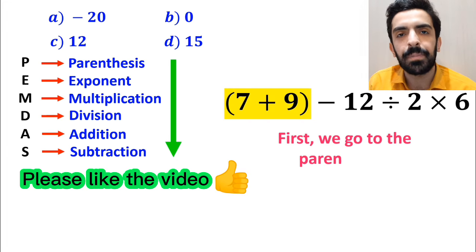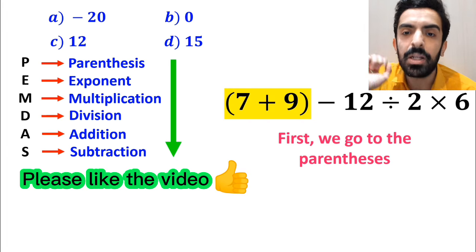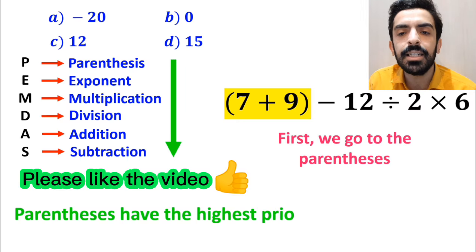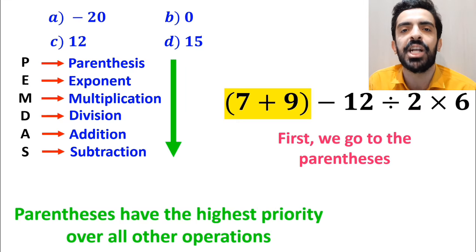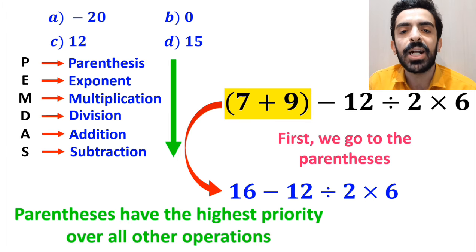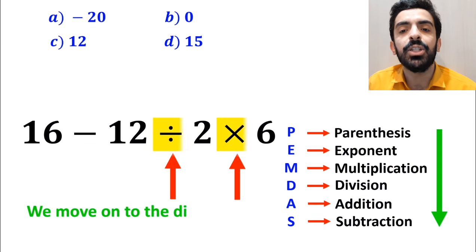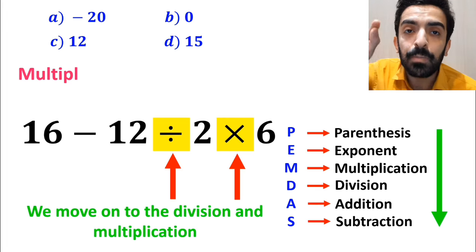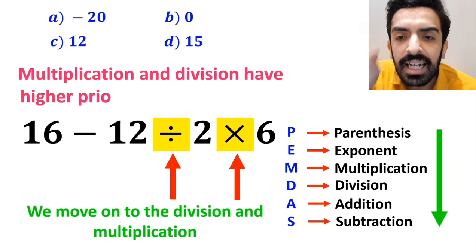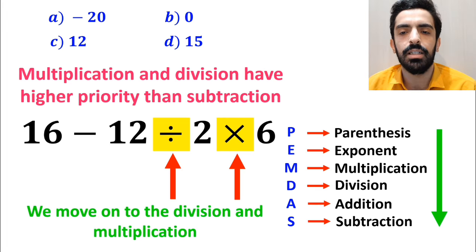Okay, first we go to the parentheses, because according to the PEMDAS rule, parentheses have the highest priority over all other operations. So, we can write this expression as 16 - 12 ÷ 2 × 6. In the next step, we move on to the division and multiplication, because multiplication and division have higher priority than subtraction.